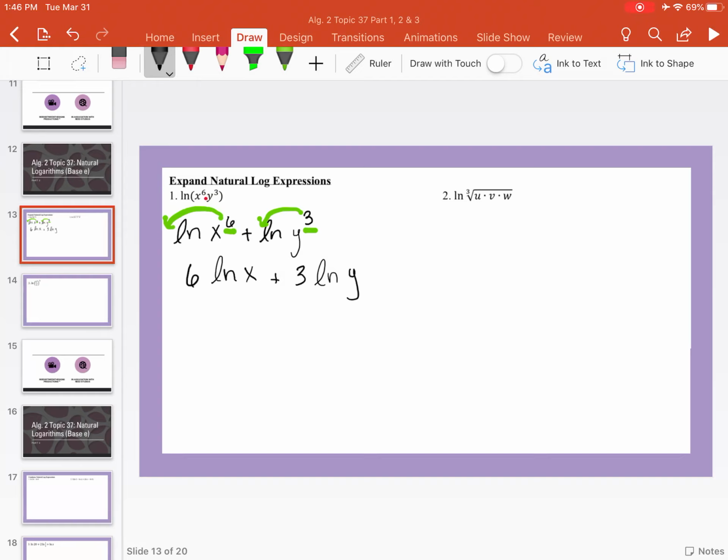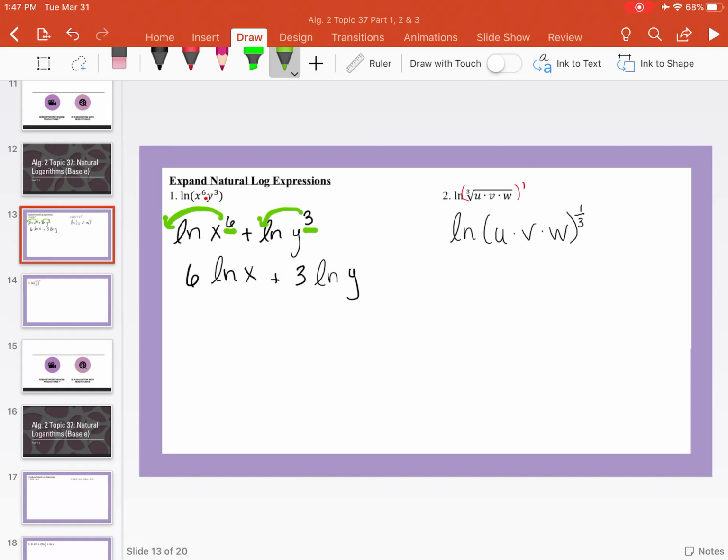Well, we know, thinking about rational exponents, when we're using the cube root, this is basically the same thing as taking ln of u times v times w and raising it to the 1/3 power. Because whenever we don't see an exponent, there's automatically a 1 there.